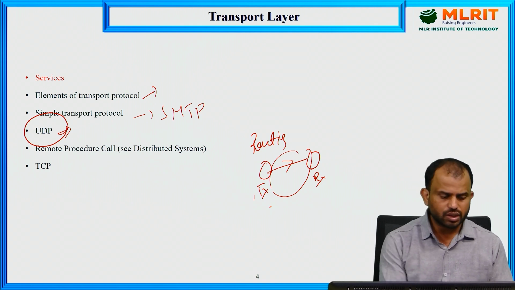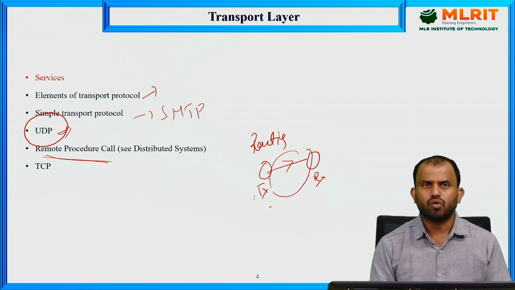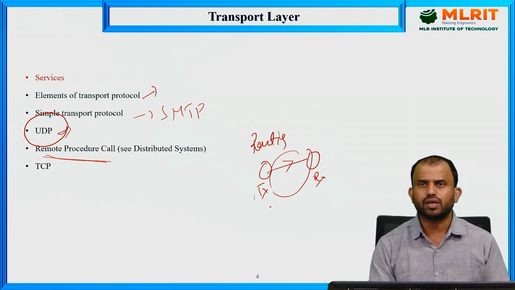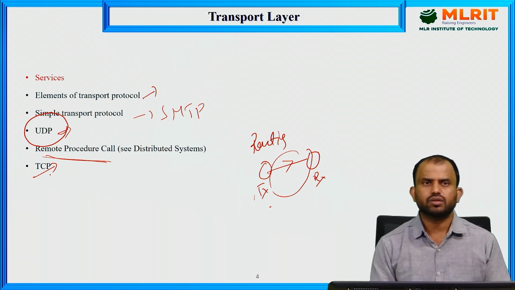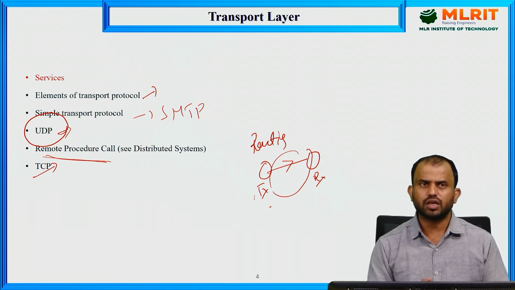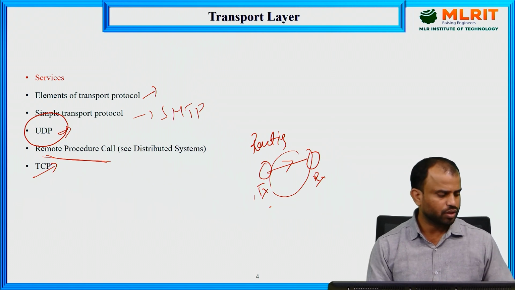We also focus on remote procedure call, which we call a distributed system mechanism, as well as the transmission control protocol. In the previous sessions we discussed the TCP/IP layer, but how it is helpful in the transport protocol is what we discuss in this transport layer section.